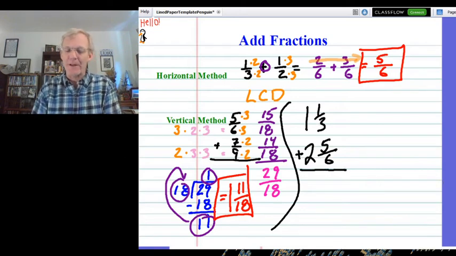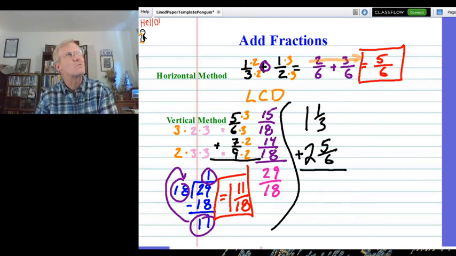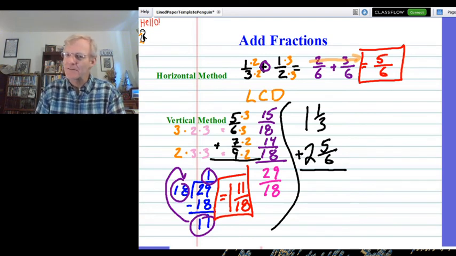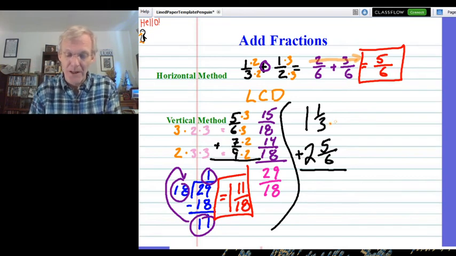What's our common denominator for 3 and 6? You didn't say 18, did you? You said 6, right? Because 6 can divide into itself one time nicely, and 3 can go into 6. So we only need to change one of these. So let's go ahead and multiply this one by what? Right, 2.